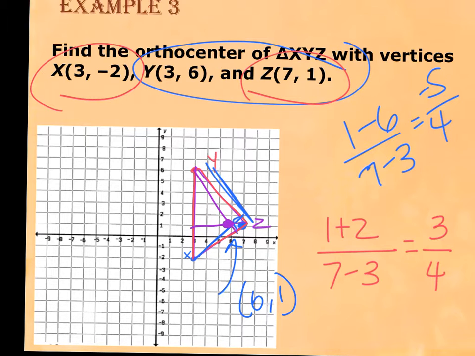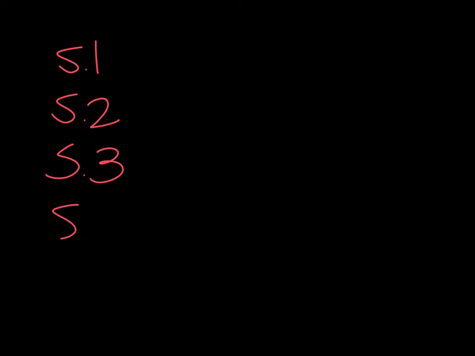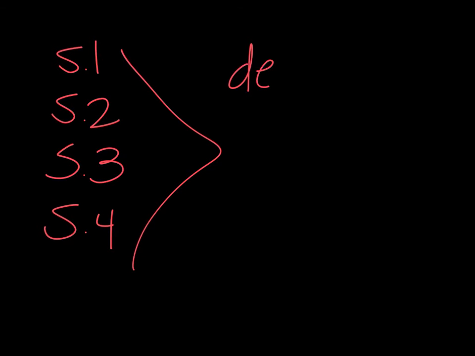Okay, questions on any of 5.1 to 5.4? So again, my advice to you is to outline 5.1, which was your mid-segments, 5.2, which is your perpendicular bisectors, 5.3, which is your angle bisectors, and now you can add to it 5.4. So I would go through the definition of what the special segment is, the point of concurrency.